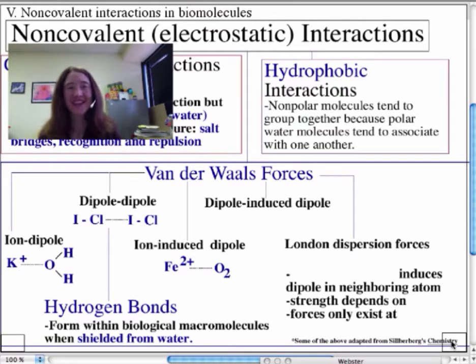Now, this is kind of hard to understand, but recall, way back in your memory perhaps, the electron cloud that surrounds the nucleus of any atom, and sometimes in any given moment the electron cloud may not be entirely evenly distributed.